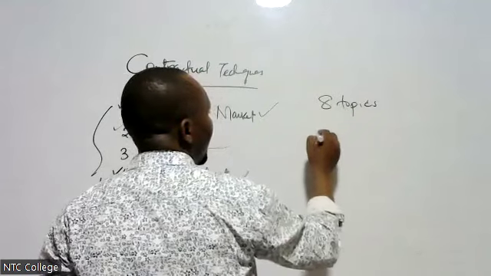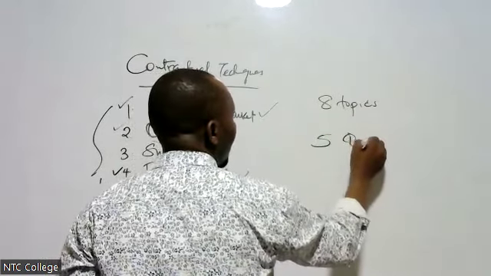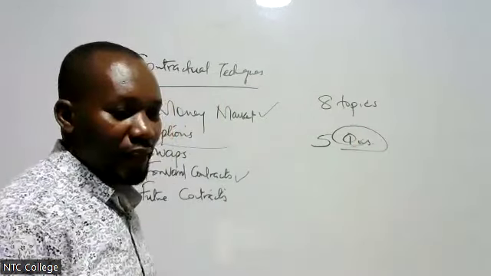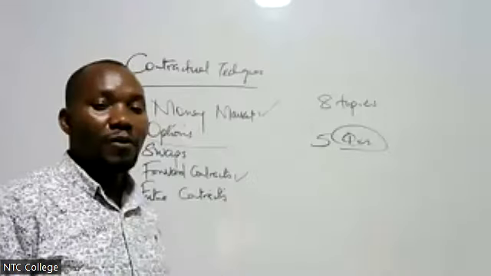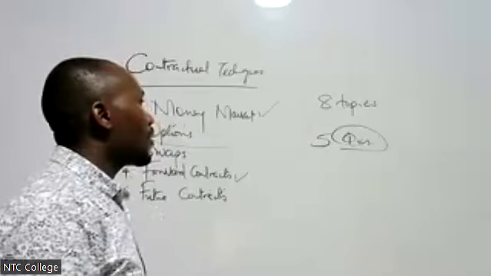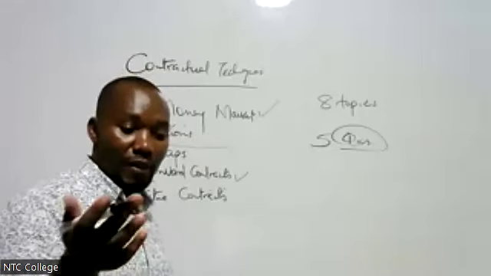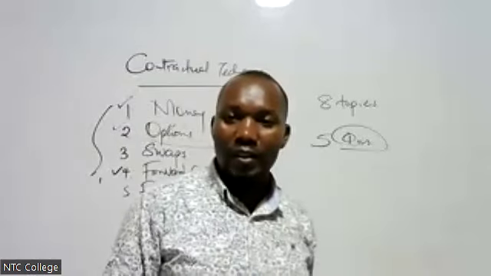And the questions that you're going to do are 5 questions, compulsory. Question number 1 is normally from topic number 1 or topic number 2. Question number 3 is normally from topic number 2. Question number 4 can be mixed up with what we just did, that is corporate restructuring and reorganization.